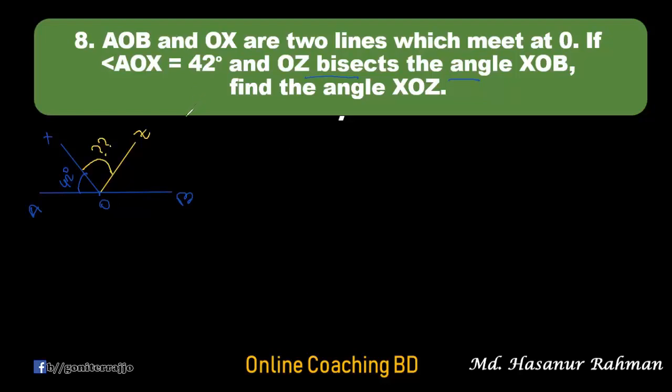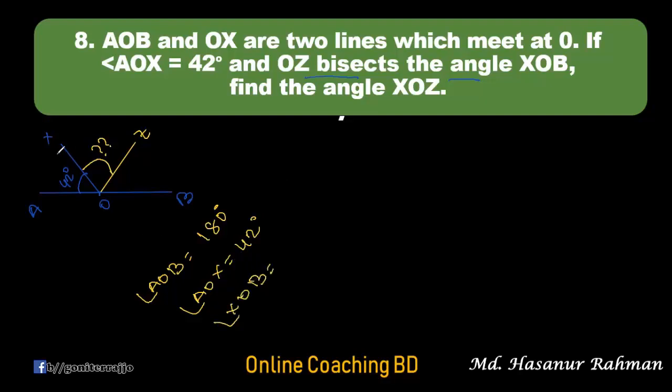So number 8, AOB and OX are two lines meeting at O. That means AOB equals what? Since AOB is a straight line, the value of angle AOB is 180 degrees and AOX is 42 degrees. We got it from the statement. So what is angle XOB?